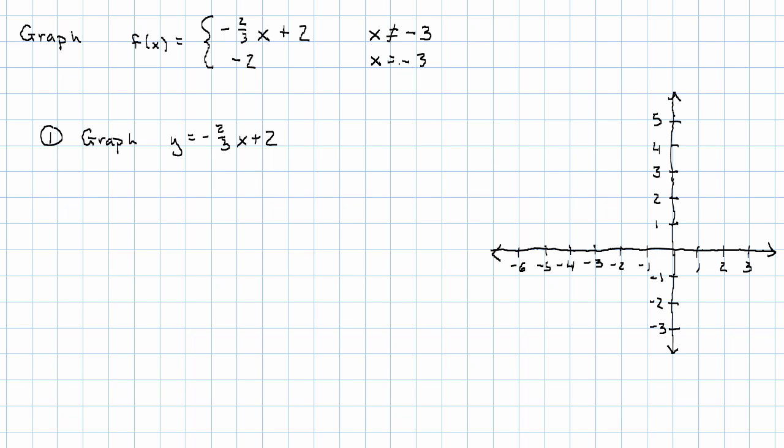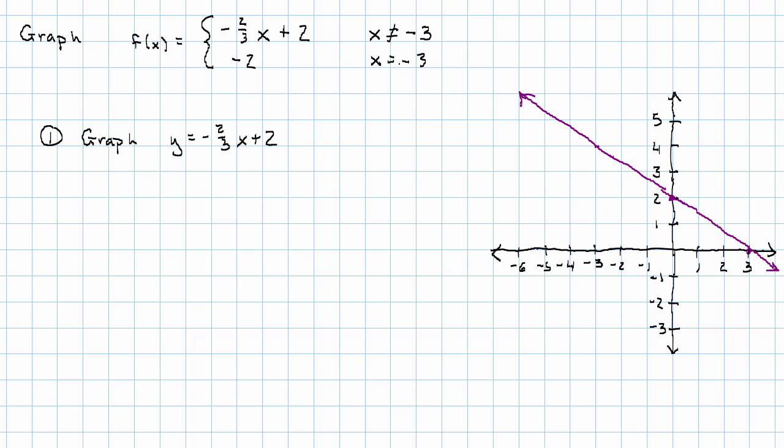We'll put our y-intercept at 2. And then slope negative 2/3 means we go right 3, down 2. And then we draw that line. So this right now is the graph of y equals negative 2/3 x plus 2.